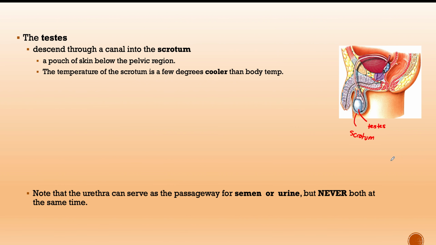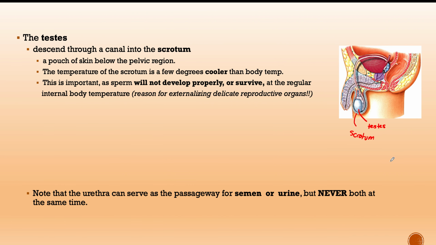And if the body temperature is too high, then our sperm will die. As it says here, this is important as sperm will not develop properly or survive at the regular internal body temperature. Okay, so even though it's a big, dangerous, wide open world out here, we want our testes to be outside.